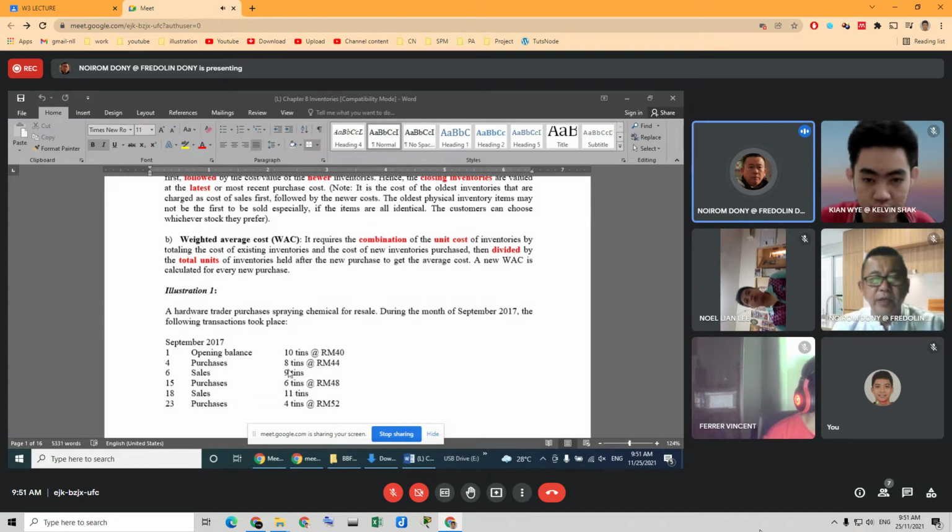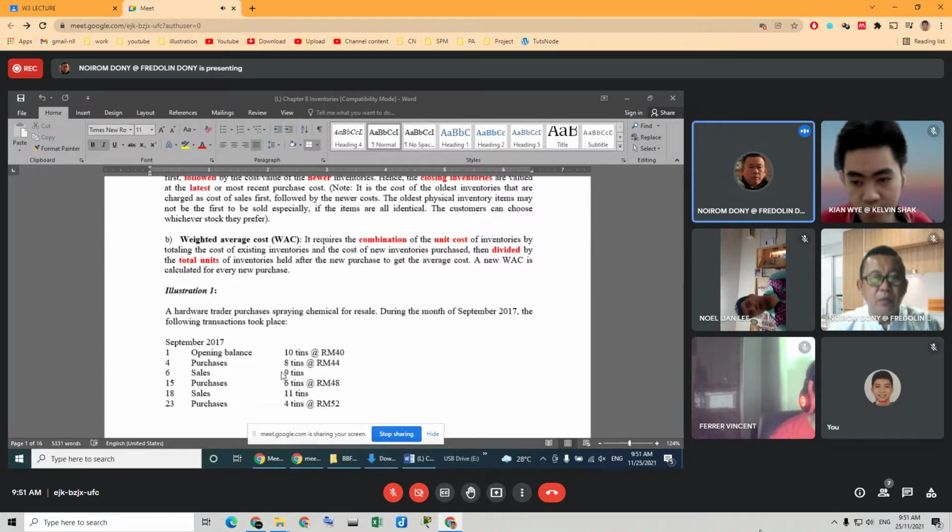So 19. So now we want to decide, because you have two different prices here, which price are we going to charge? The cost price, we are talking about cost price. We are not talking about selling price. At this level, we ignore the selling price, because now we are preparing the cost ledger, the stock cost ledger.